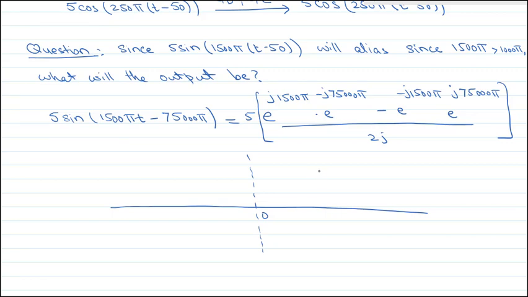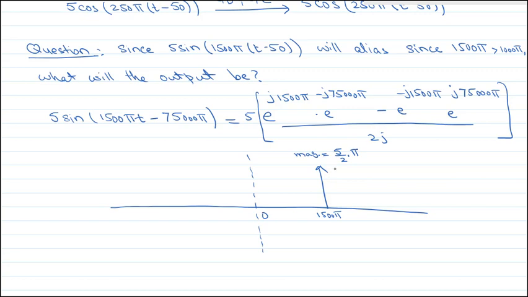I have an impulse sitting at 1500 pi. The magnitude of this impulse is, or rather the real part, technically speaking I shouldn't call it magnitude, but I'll just write, I'll ignore the negative signs. I'll write that magnitude is 5 by 2 times pi.